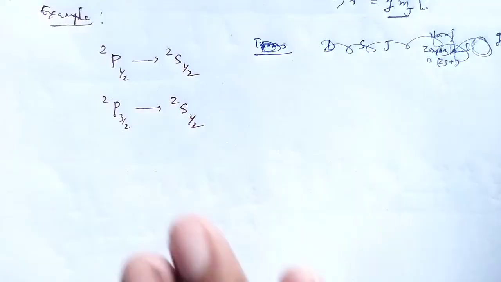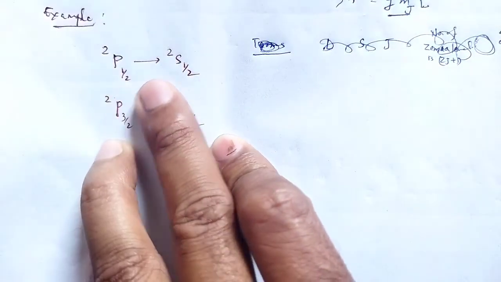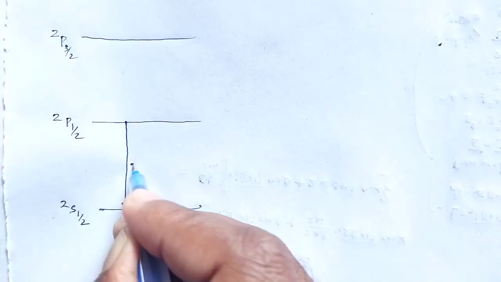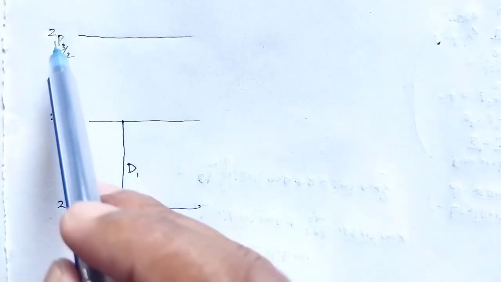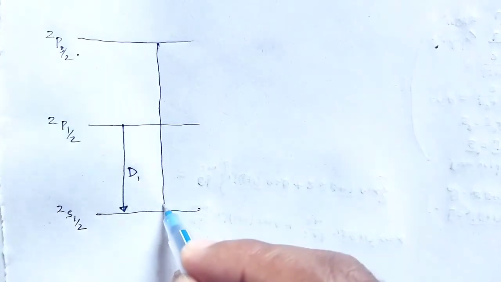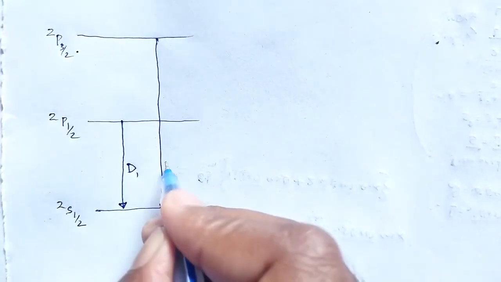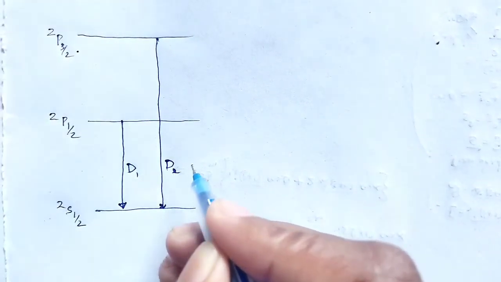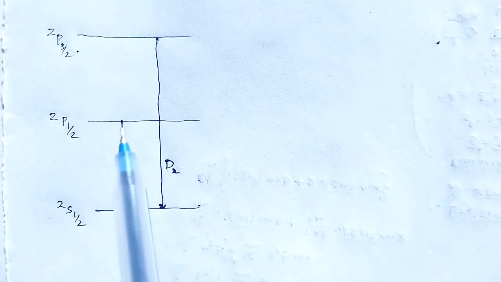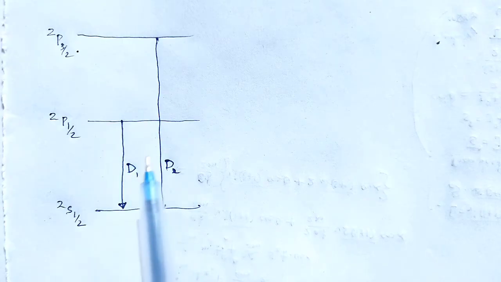The first transition, from 2p 1/2 to 2s 1/2, is the D1 line. Then 2p 3/2 to 2s 1/2 is the D2 line. Now these allowed transitions occur when there is no external magnetic field.